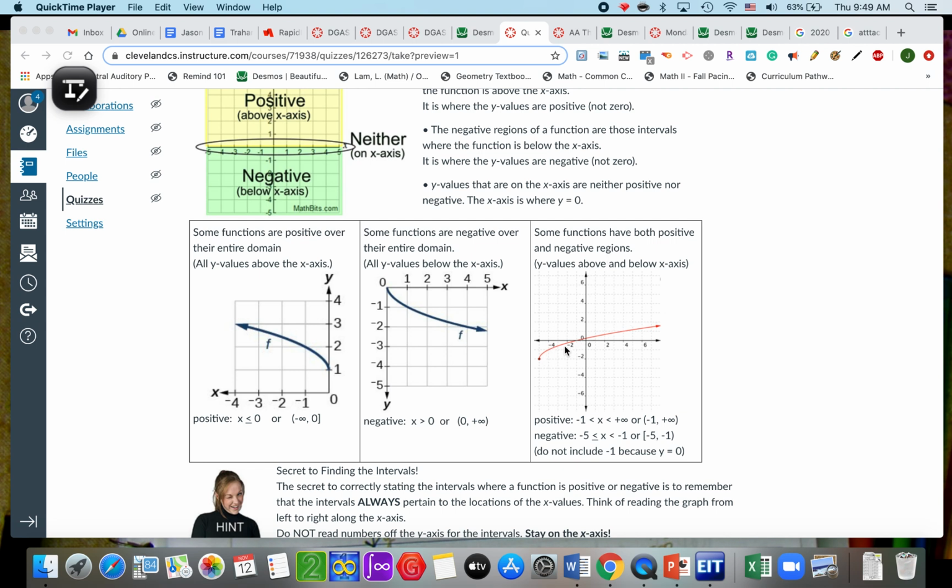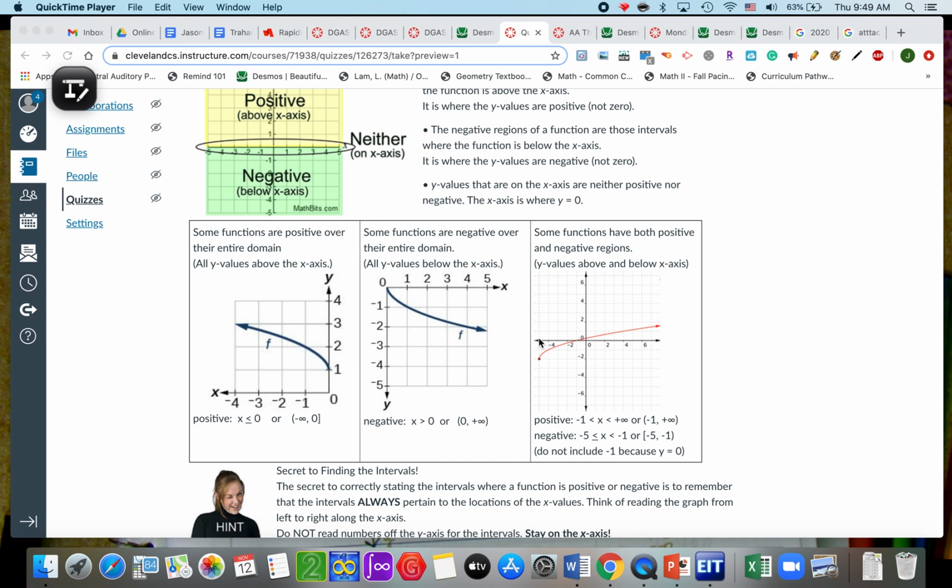All right, and then finally, here's an example of what you would see if part of your function has y values being negative, and the other part of your function has y values that are positive. So you can see from this piece right here, where our x is negative 5, all the way to the x-intercept of -1, all of these x values are going to match up with negative y values.